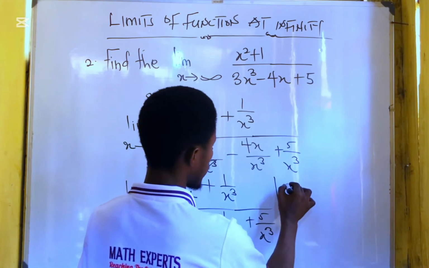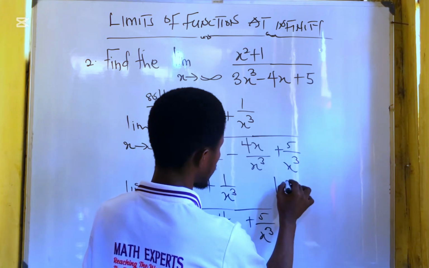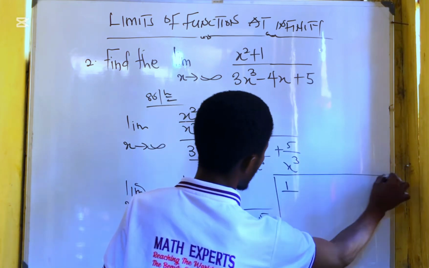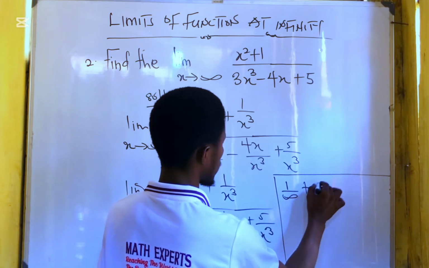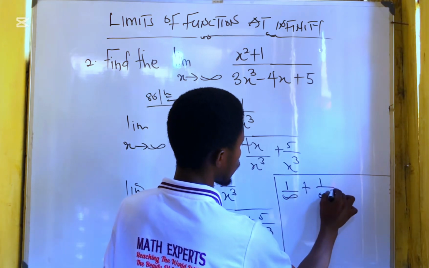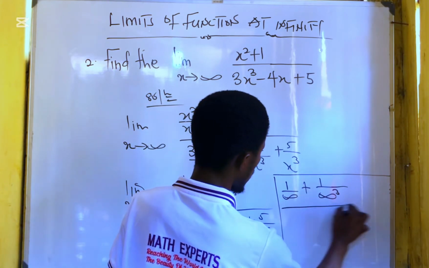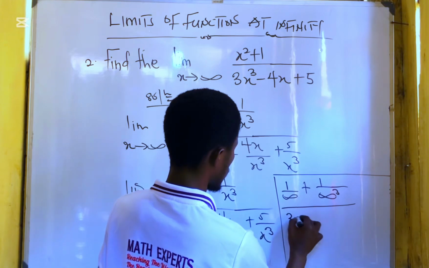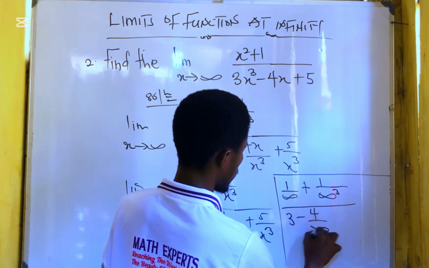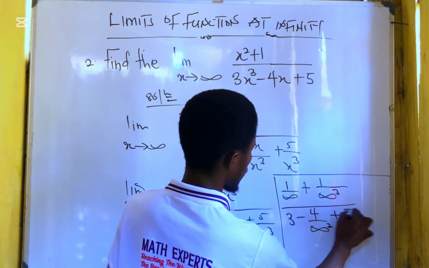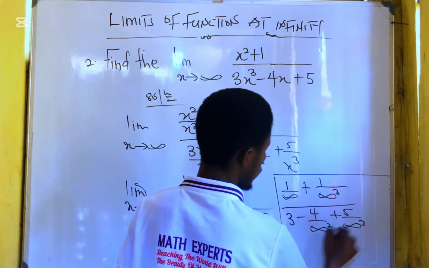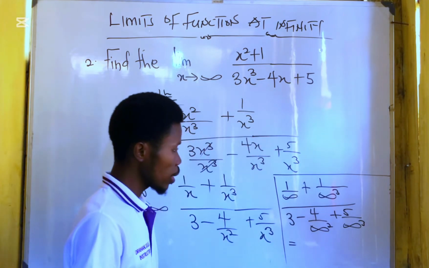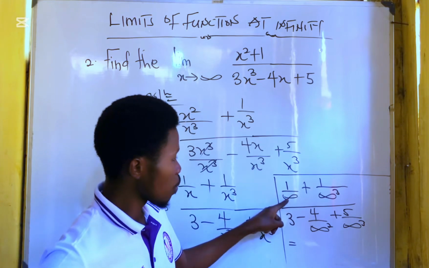So I have 1 over infinity plus 1 over infinity cubed, all divided by 3 minus 4 over infinity squared plus 5 over infinity cubed. And what will be the answer? The answer will be 0 because 1 over infinity is 0.